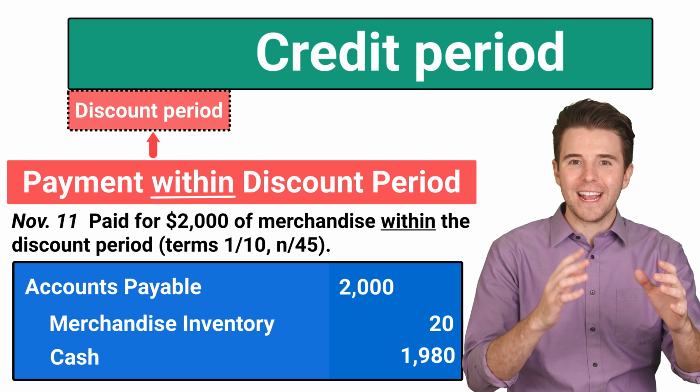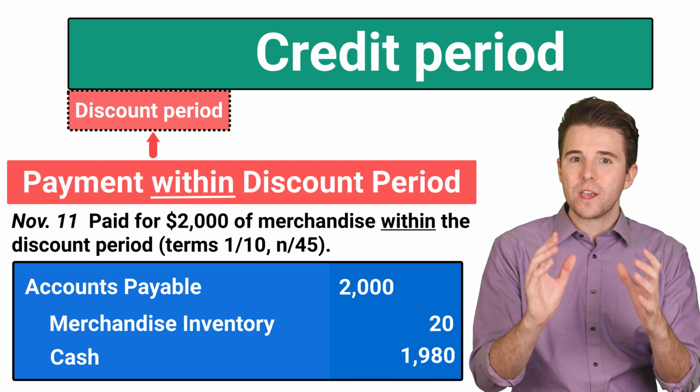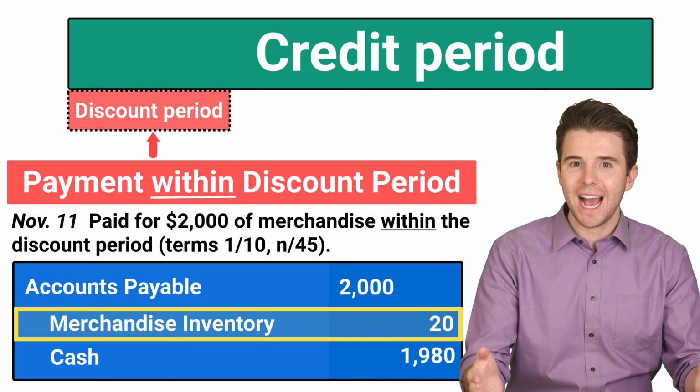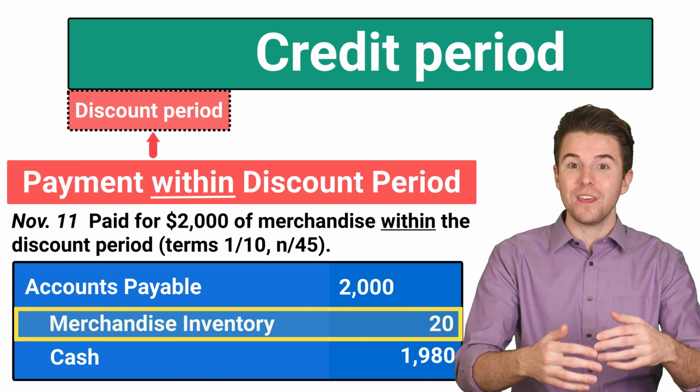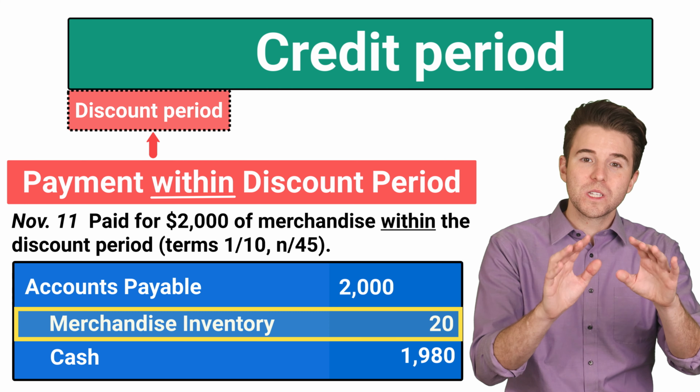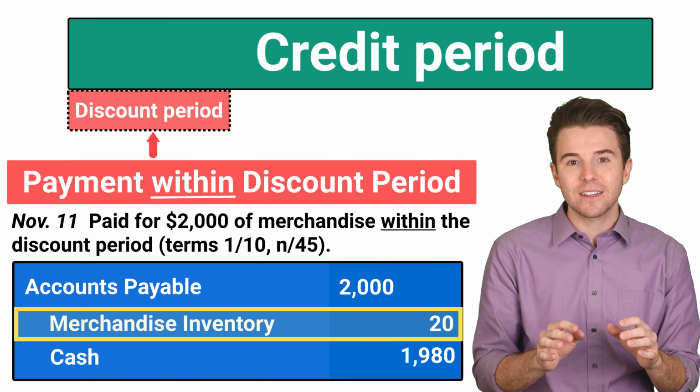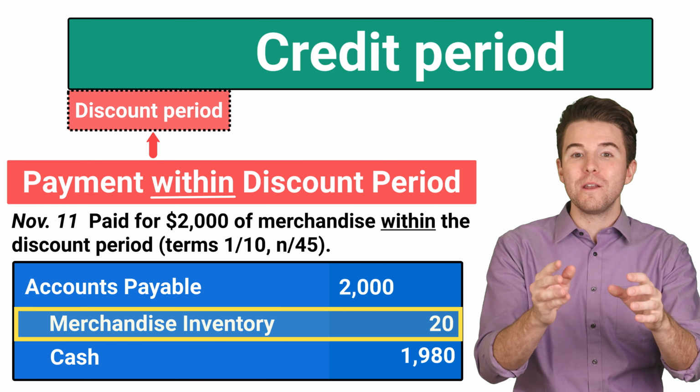Now this is where it gets a little tricky. We credit merchandise inventory for $20 because that is the discount we got for paying within 10 days. This was computed as $2,000 multiplied by 1%.